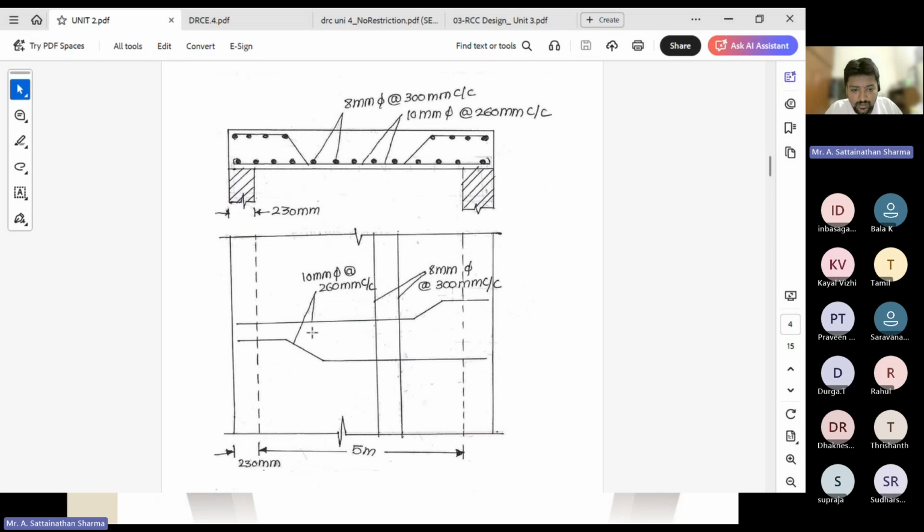The main bar is given along the x-axis, that is 10 mm bar at 260 mm center to center. This is your reinforcement sketch. The same thing, if you cut it here, you will get to know which is main bar and which is distribution bar. That's all. One slab design is done.